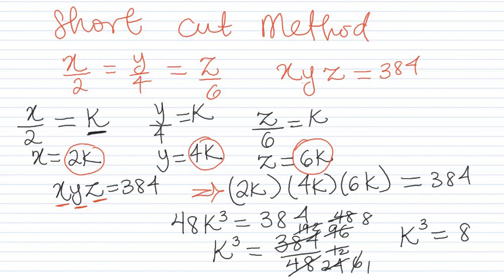When we find the cube root of 8, we have that to be 2. So k cubed equals 8, which means k has to be equal to the cube root of 8.